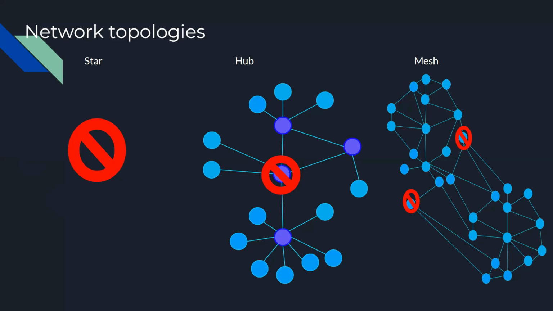Now, Web 3 is in this paradigm where everything is decentralized or distributed. So you can have functionality that does not depend only on one node of the network.